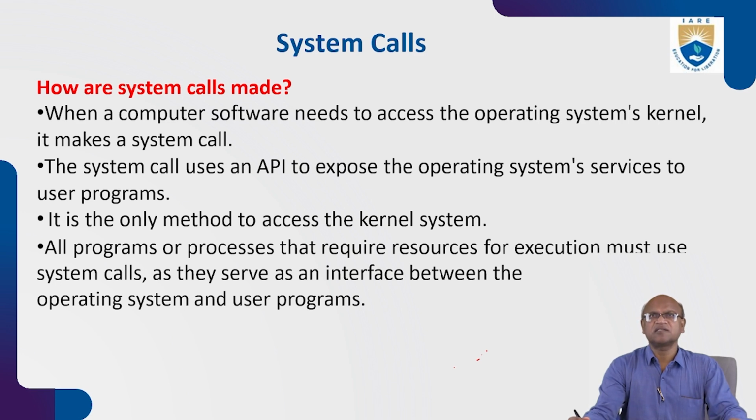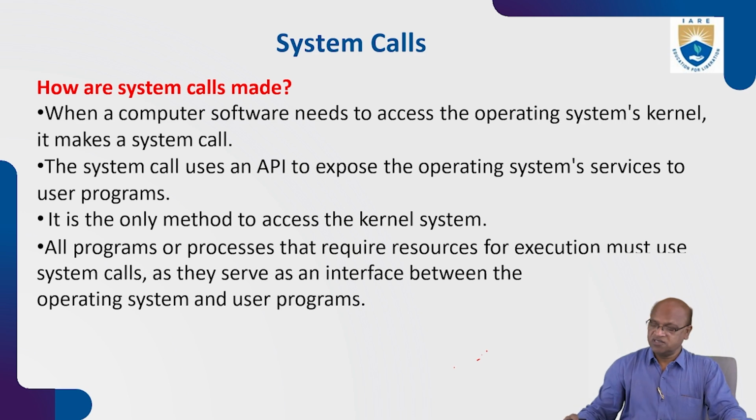You can write read and write functions in C and Java, but once compiled and added to the OS, they are no longer functions of the user, because they are under the control of the kernel. The kernel is a part of the OS. So all programs that require resources for execution must use system calls, as they serve as the interface between the operating system and user programs.